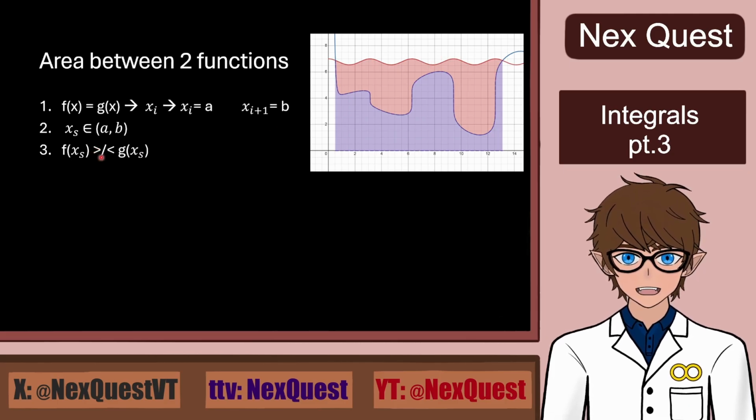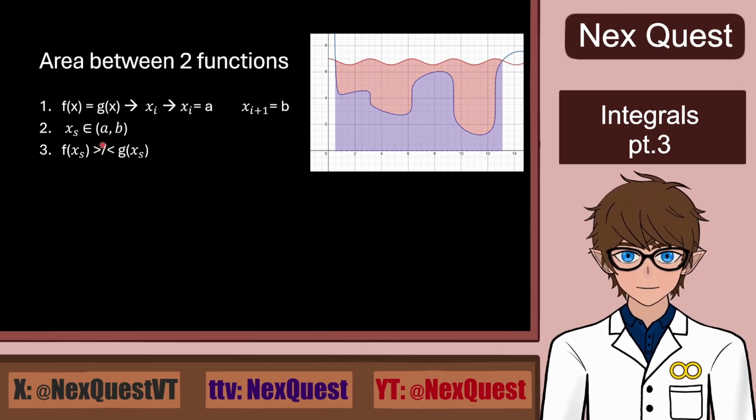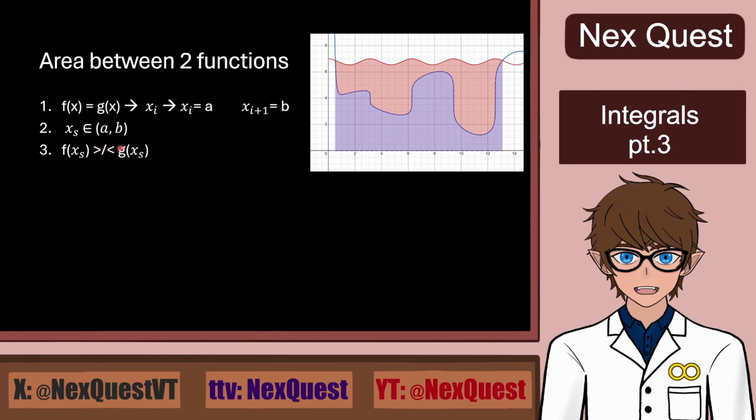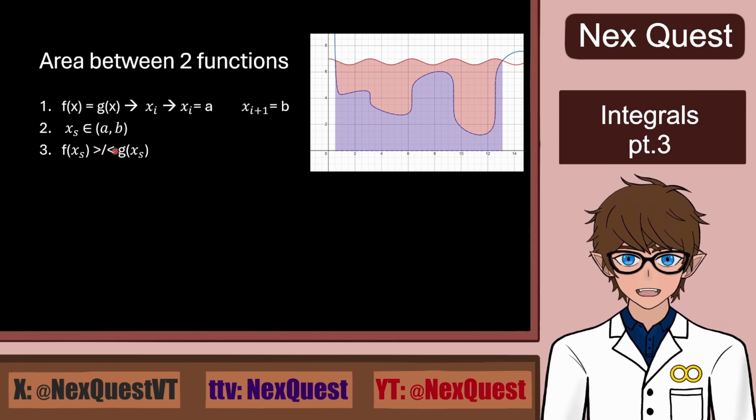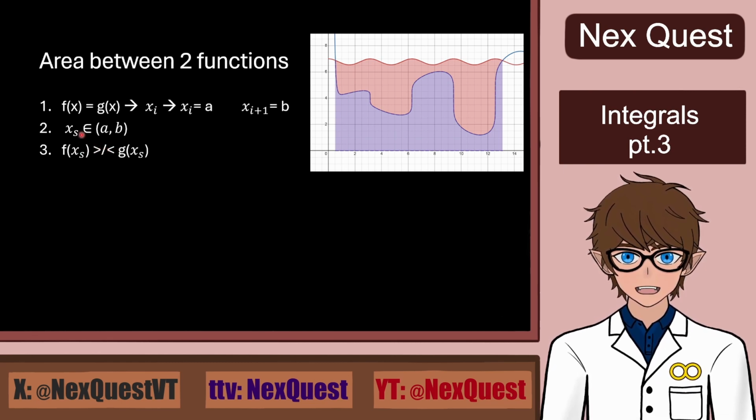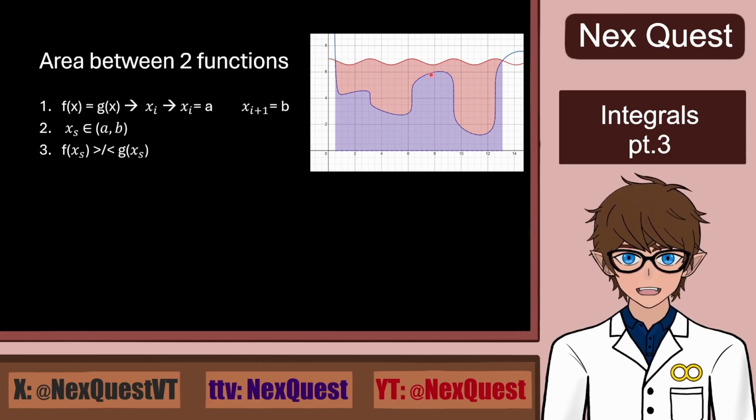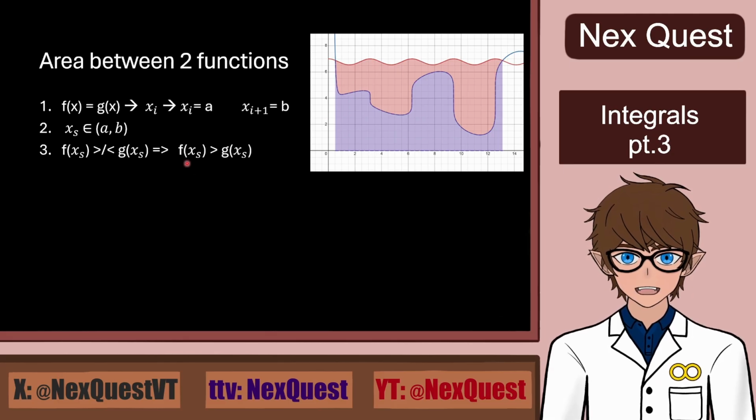Basically, you check which of these functions gives a higher y value when we insert that same xs from the interval. That one is the top one. So, for the sake of the example, I will assume that f of x is the top one and g of x is the bottom one.